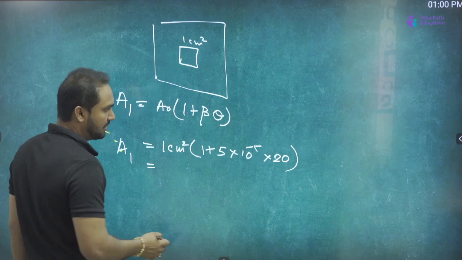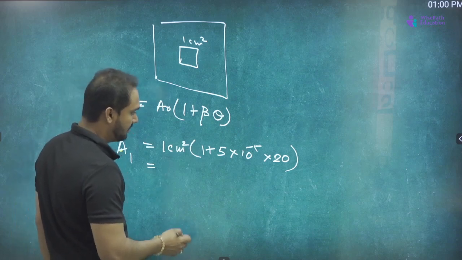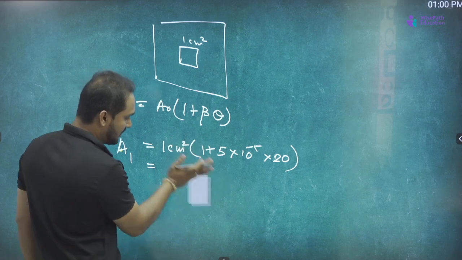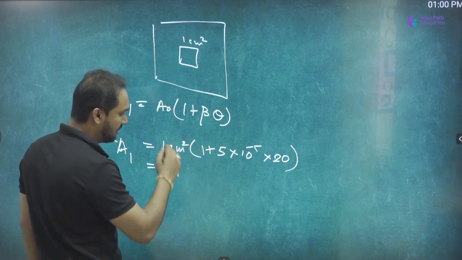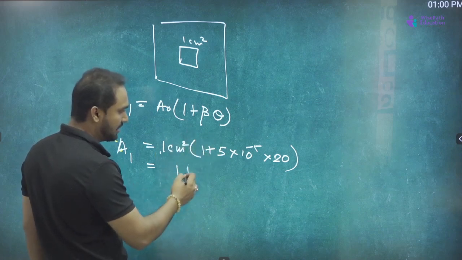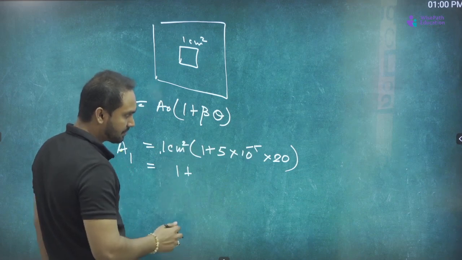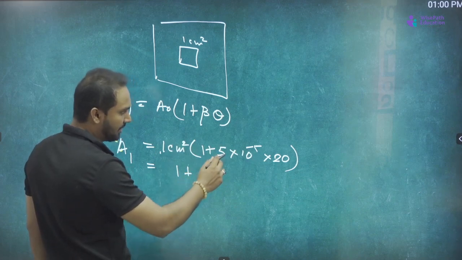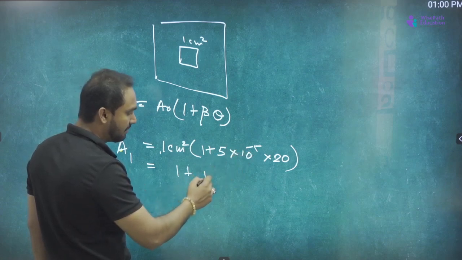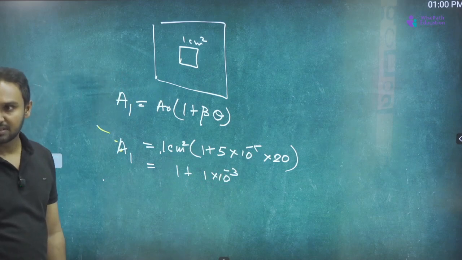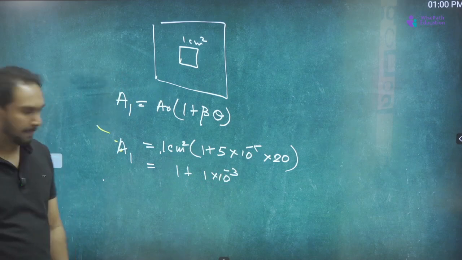So if you multiply this thing, 1 squared, let's just multiply it. 1 times 1 is 1, plus 1 times this, it's the same, 20 into 5 is 100. So 100 into 10 to the power minus 5 will be 1 into 10 to the power minus 3, because the 2 zeros are cancelling out, isn't it?